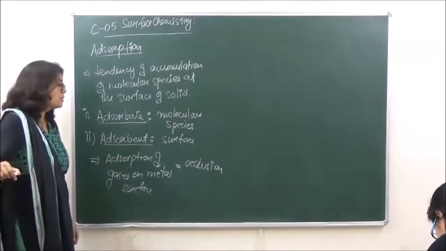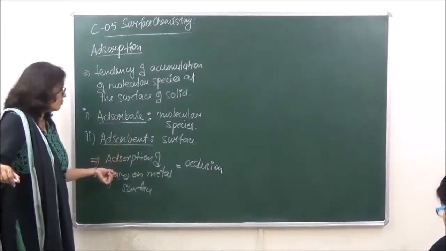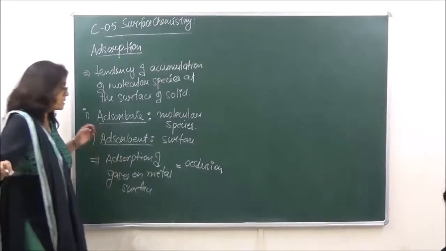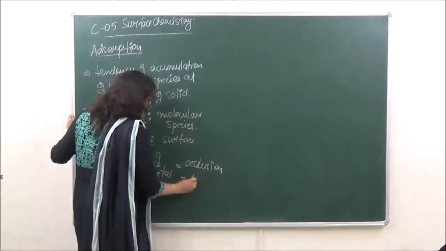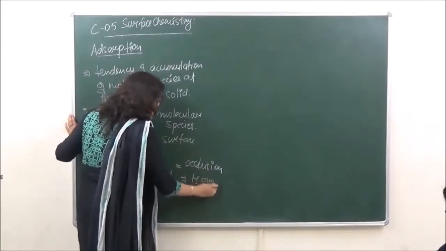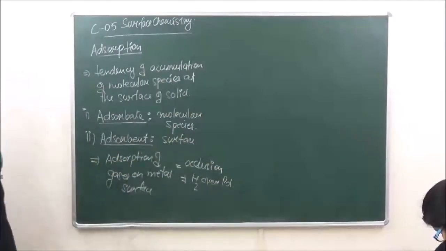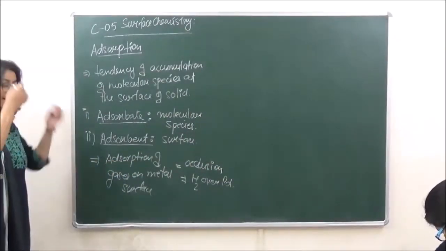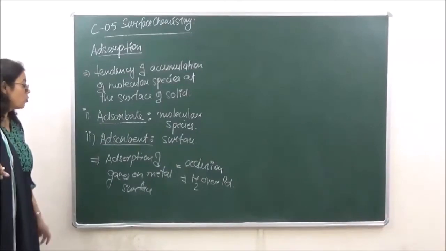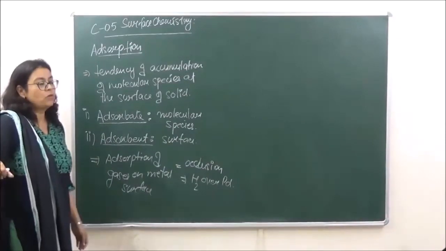Okay, occlusion means what? When the adsorption of gases takes place on the metal surface. For example, adsorption of hydrogen over palladium, right? Hydrogen over platinum or hydrogen over nickel. So all these, they are examples of occlusion.